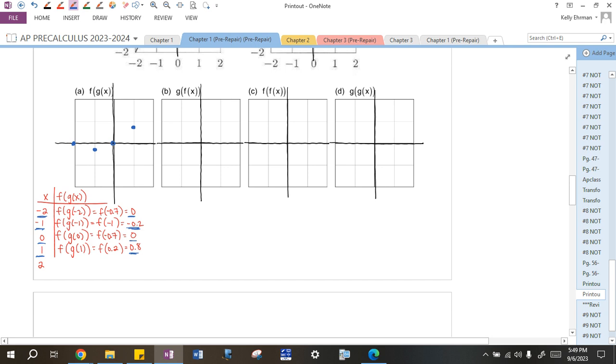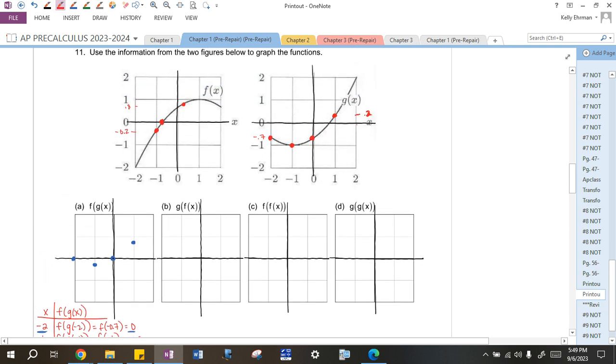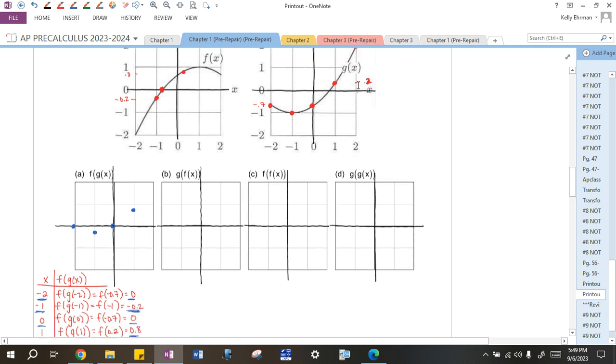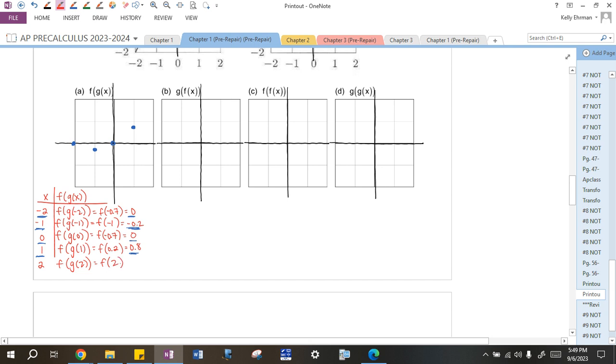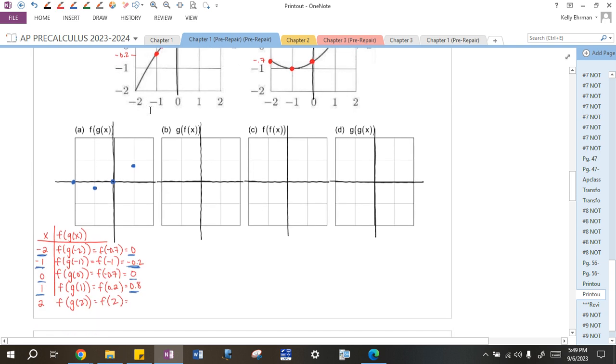Maybe like there. And finally, f of g of 2 is f of, so g of 2. Where do we hit the graph on g at 2? It looks like we hit right at 2. So that'll be f of 2. Go to 2 on f's graph. And I think that's just about the same. If it's not 0.8, it's maybe 0.7.